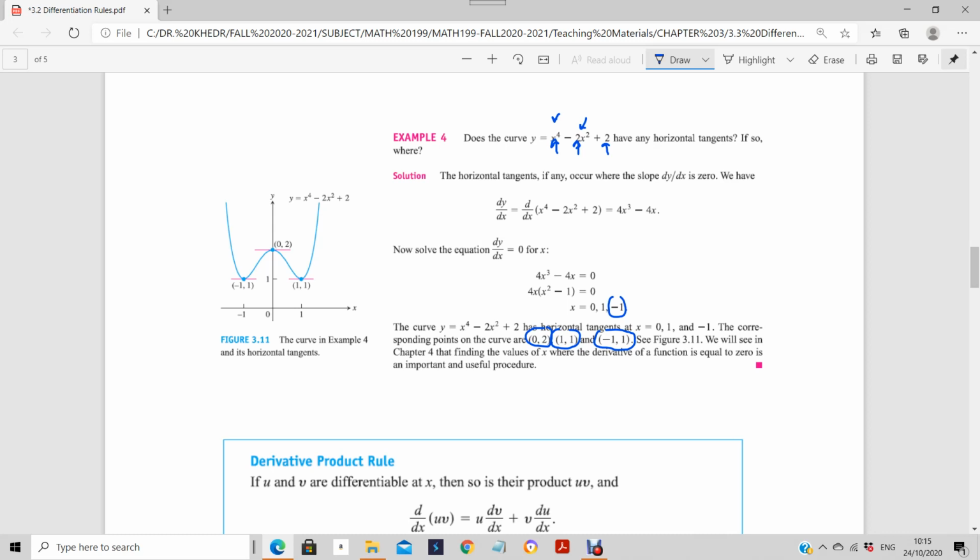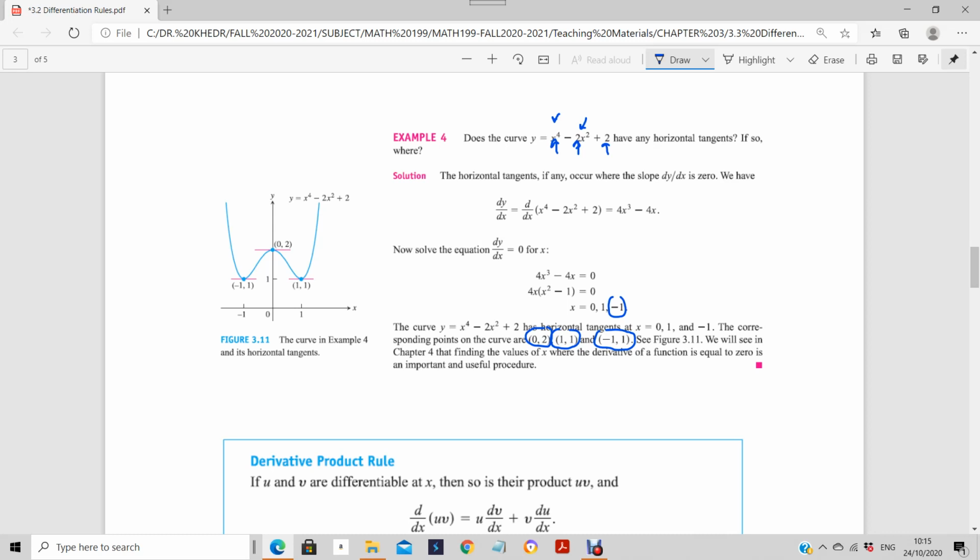If you look at the figure to the left here, figure 3.11 from your textbook, you will notice this is the graph of the function, which is the blue colored one. At these 3 points, the first point to the left, minus 1, 1, this point in the middle, 0 and 2, and this point to the right, which is 1 and 1, see the tangent line, the red colored one, is a horizontal line.